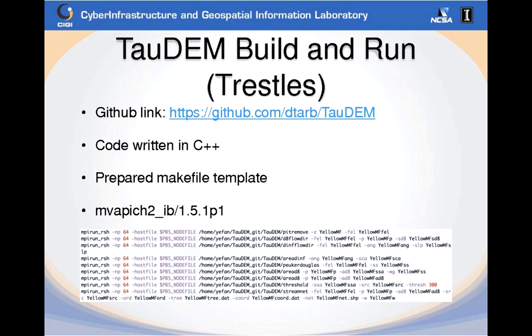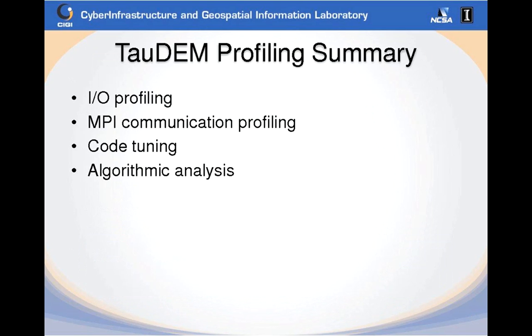Because it consists of multiple small modules, they may share some common header files, but they perform individual tasks. So it's very easy to isolate different functions from each other. There's also a prepared makefile template there, so it's quite easy to do the build.